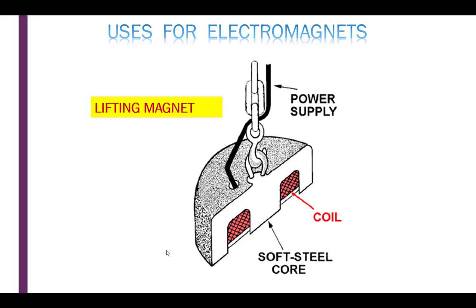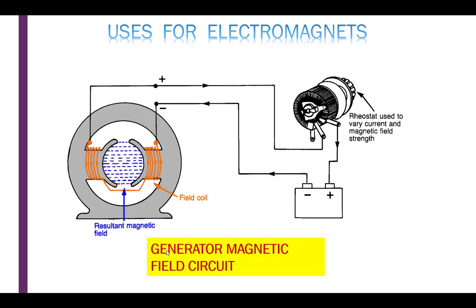Remember I said that there's some residual magnetism, so if I was picking up scrap steel, maybe there's still some nails or pieces of scrap that's still attached. If I pick up a cargo container, it just lets go of the whole thing.